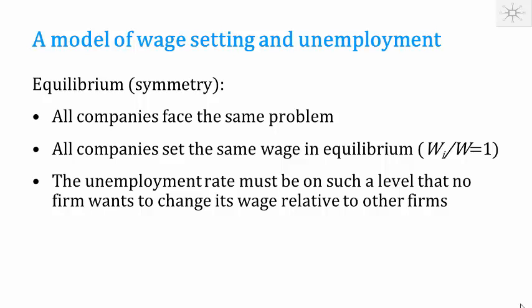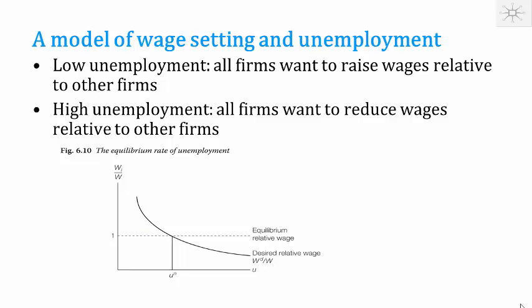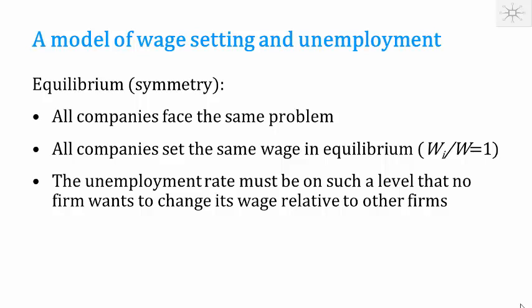So here we have now a theory of why there's always some unemployment in the market economy. And the basic idea is that although there is unemployment, firms do not want to reduce their wages because that would lead to too high turnover costs.